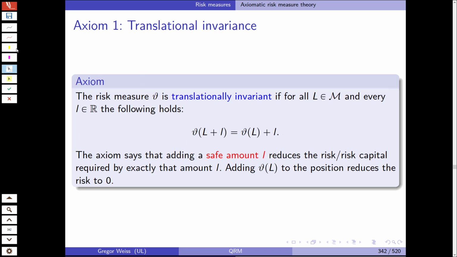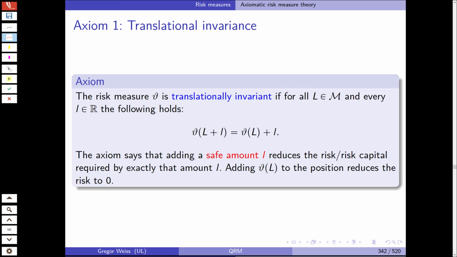Then the first axiom. The first axiom is the one of translational invariance. It means that the risk measure nu is translationally invariant if for all risks L and every small l, the following holds.